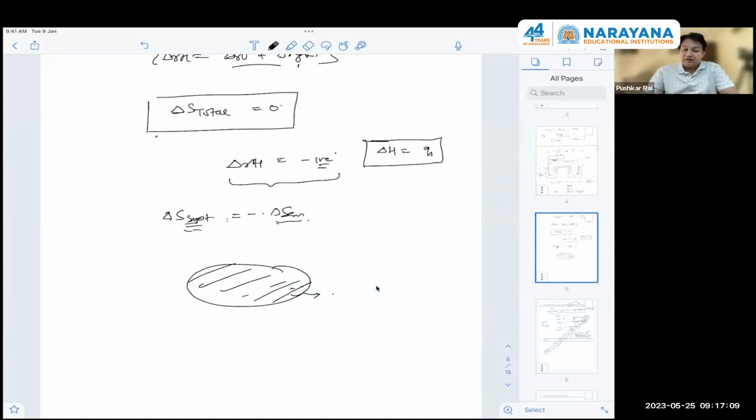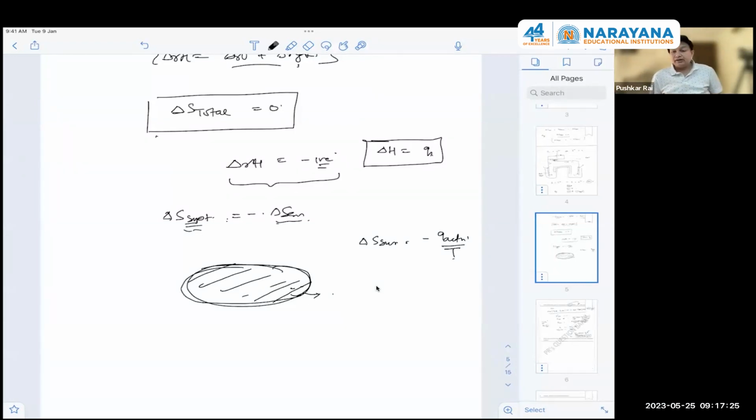It has not lost any amount of heat. So if I challenge you, delta S surrounding is equal to what? There is another formula: delta S surrounding is equal to minus Q actual divided by T.